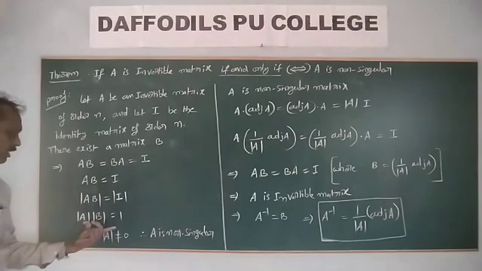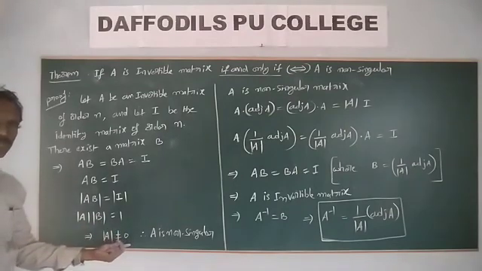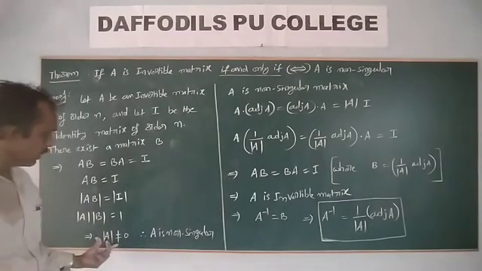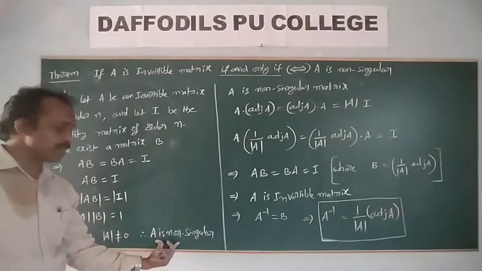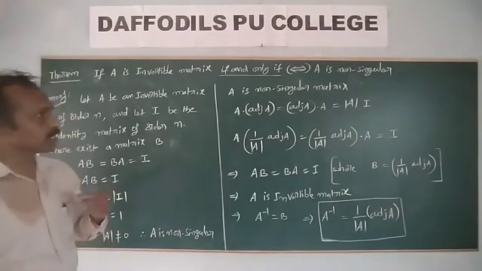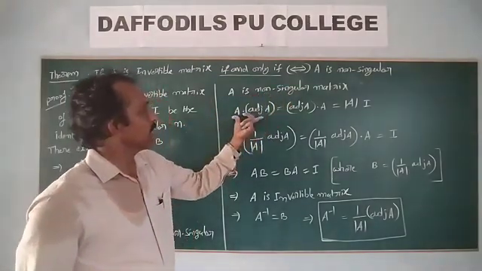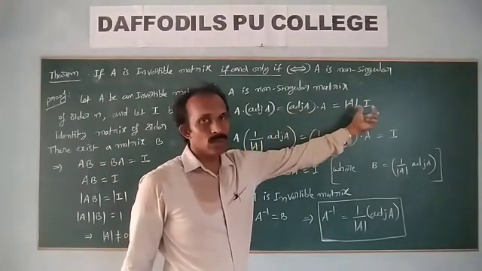So from this relation, det A is clearly not equal to 0, because the product is equal to 1. Therefore, by the definition of non-singular matrix, A is a non-singular matrix. Conversely, take A as a non-singular matrix, and A into adjoint A is equal to adjoint A into A is equal to det A into I.